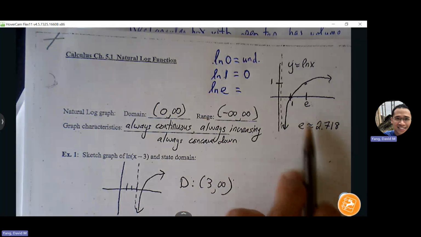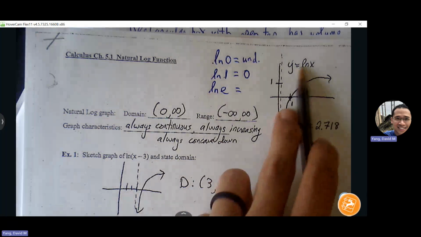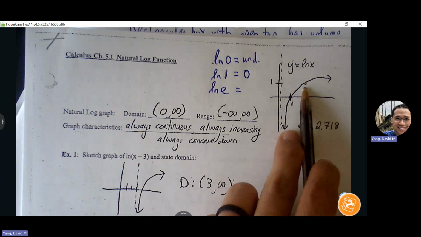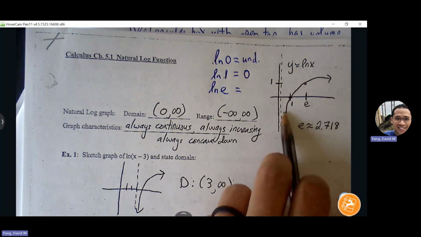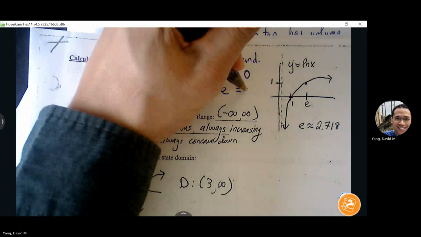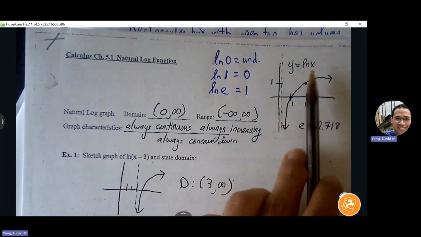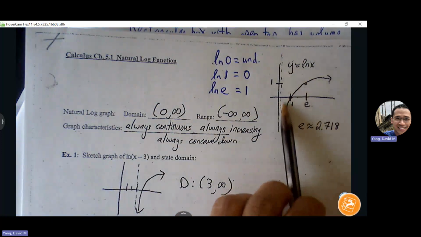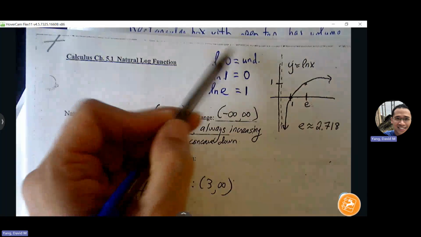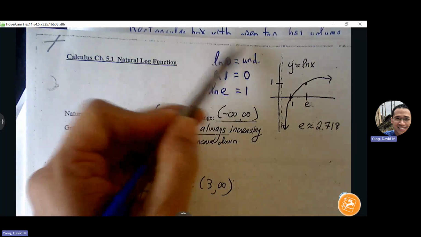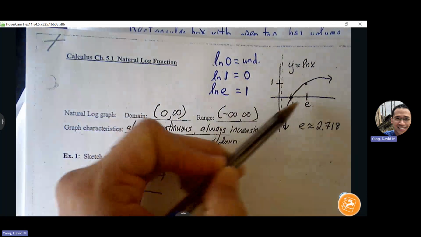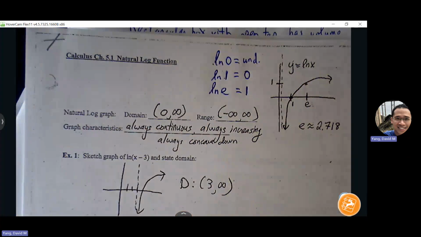Well, e is 2.7, but what's natural log of e? Natural log of e is just the y value, right? The y value is 1. We're just pulling ordered pairs. Natural log of 1 is 0. Natural log of e is 1. So these are all really helpful, important properties. But if you can see it from a graph perspective, that's also really helpful as well.